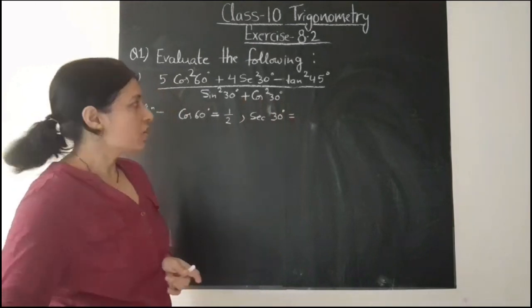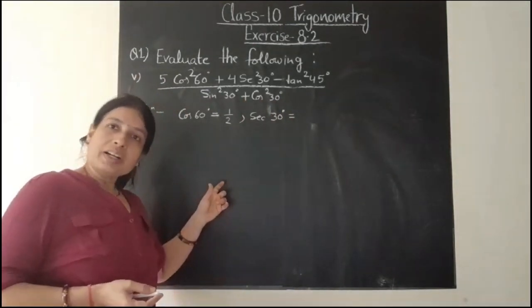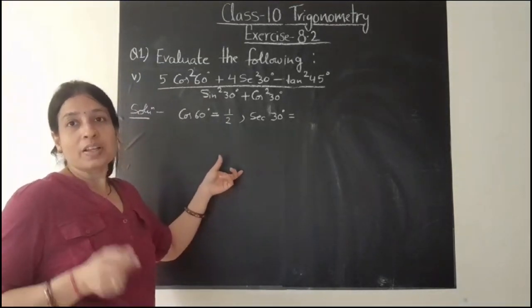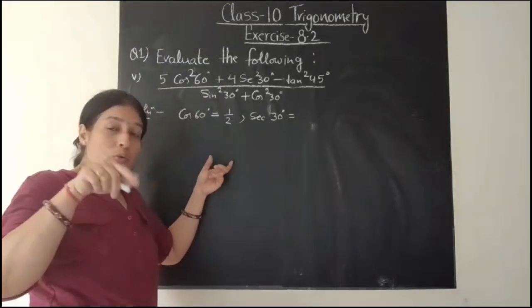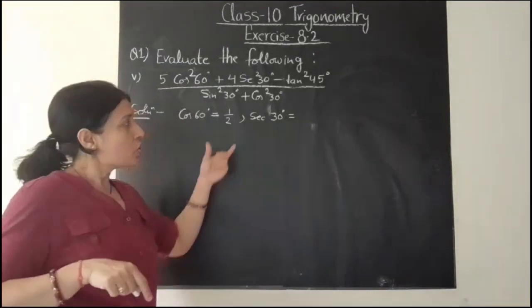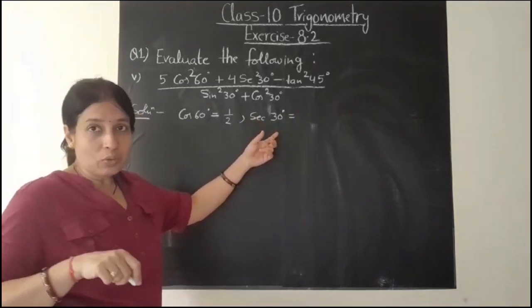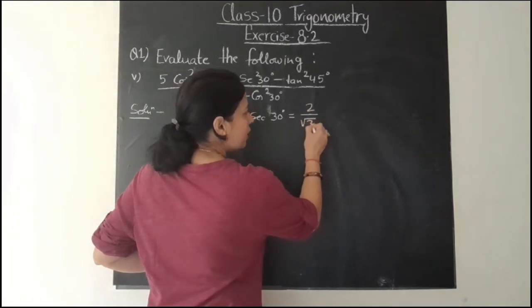Sec 30 degree is equal to 1 by cos 30 degree. And what is cos 30 degree? Cos 30 degree is equal to sin 60 degree. Sin 60 degree is equal to root 3 by 2. So sec 30 degree is equal to 1 by root 3 by 2. So it will come 2 by root 3.